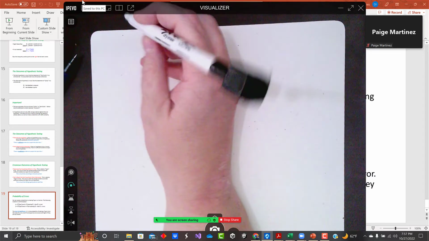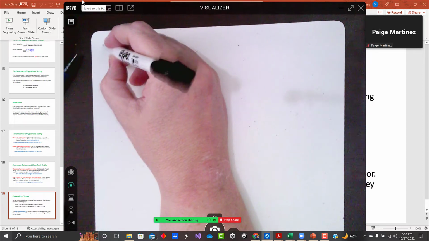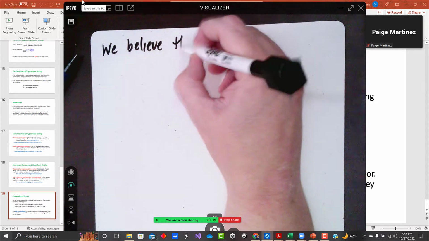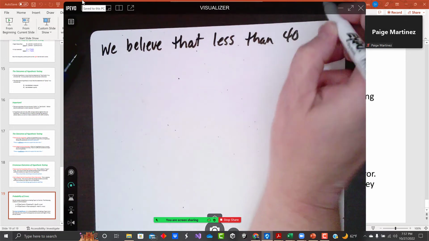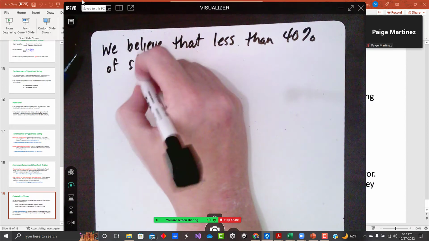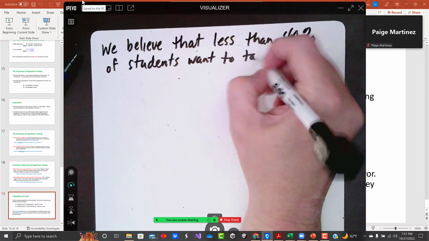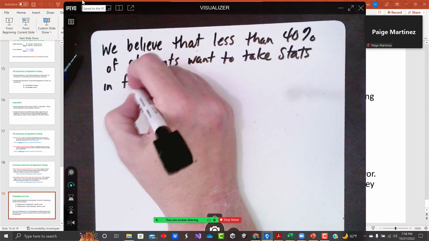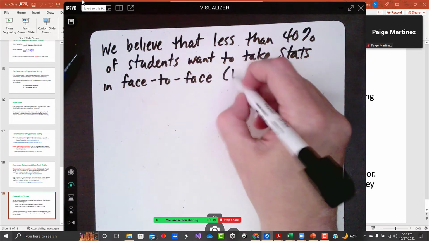So we believe that less than 40% of students want to take stats in a face-to-face course, which I'll call F2F from here on.